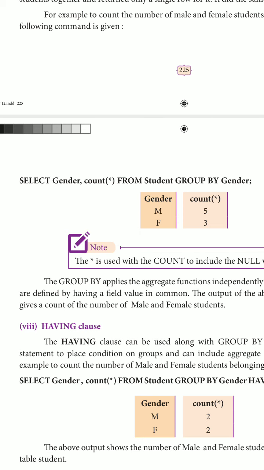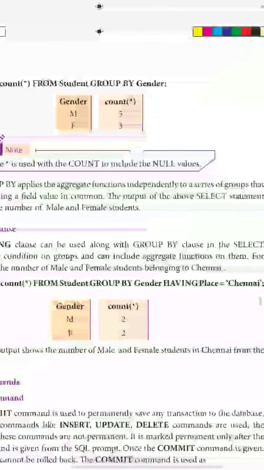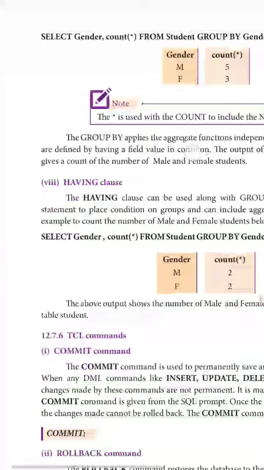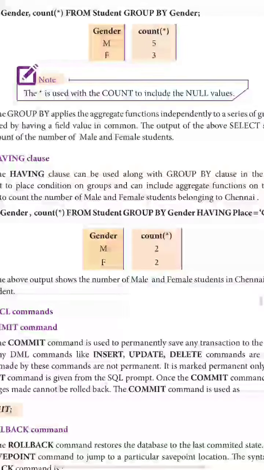It will show the count of male and the count of female students. So next is select gender, count from student, group by gender, having place.